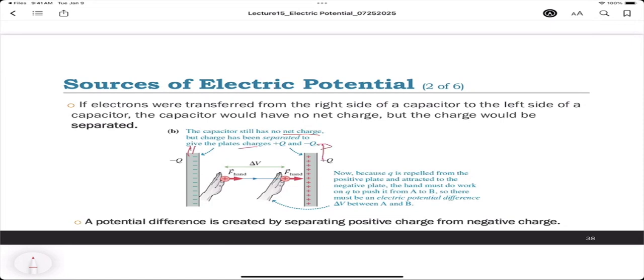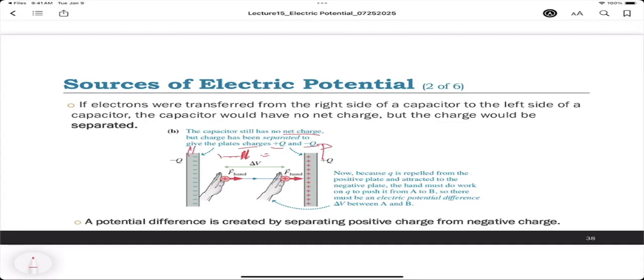So the net charge will be 0, but the charge has been separated to give the plates charge positive Q and negative Q.